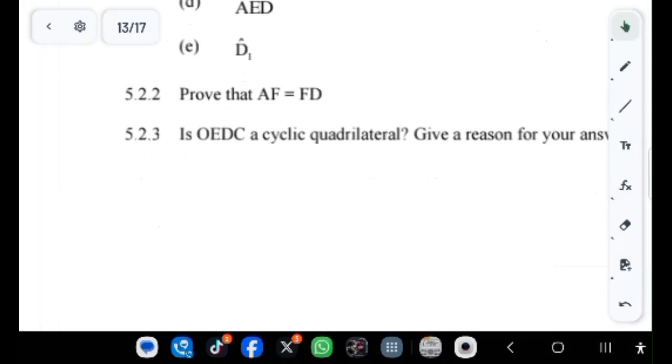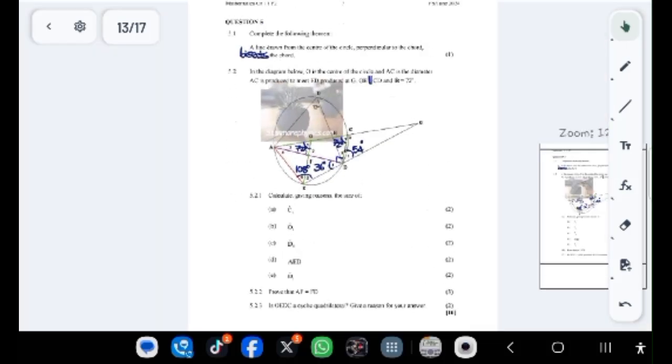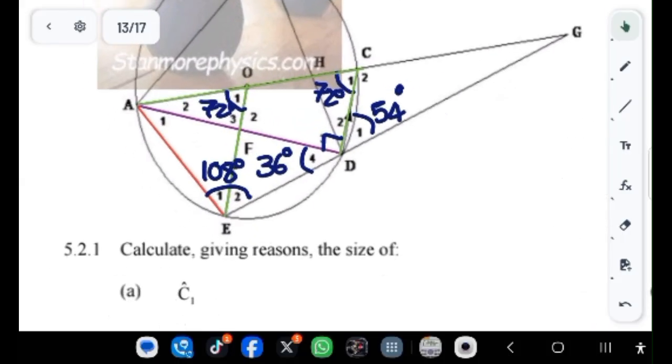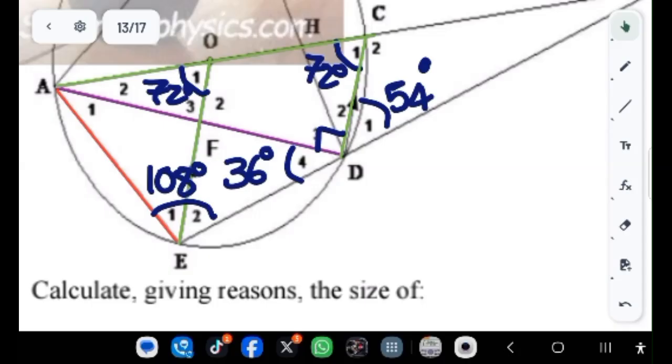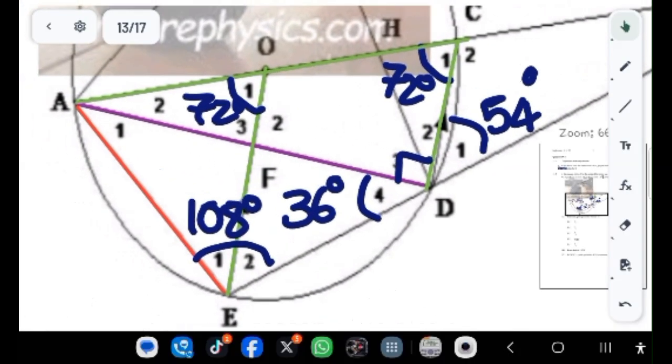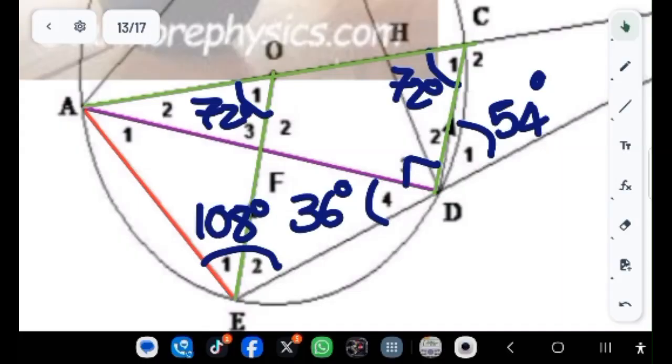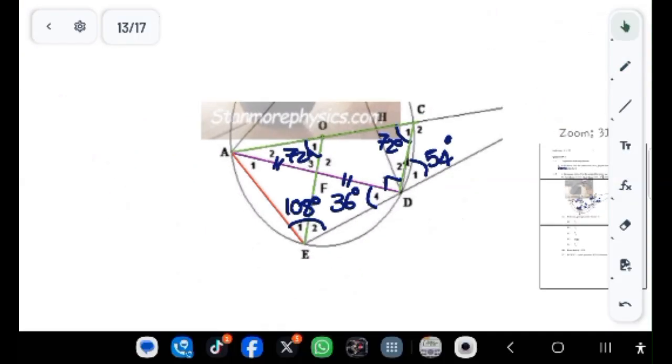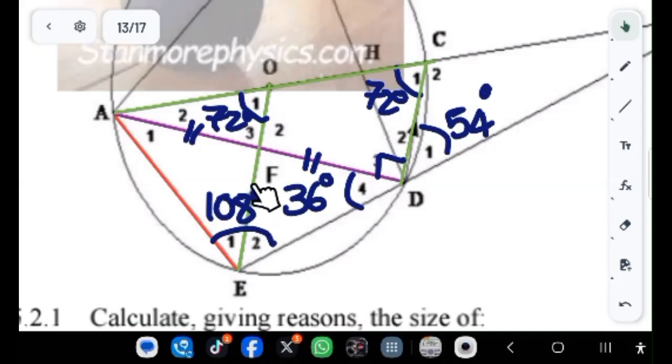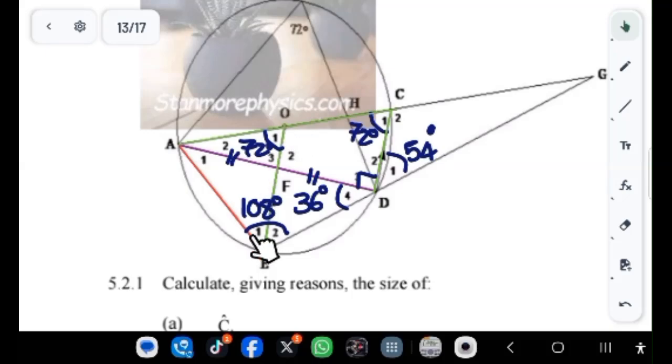5.2.2, prove that AF equals FD. The best way to prove that AF equals FD is to show that the line that goes from the center of the circle, OE, is perpendicular to AD.